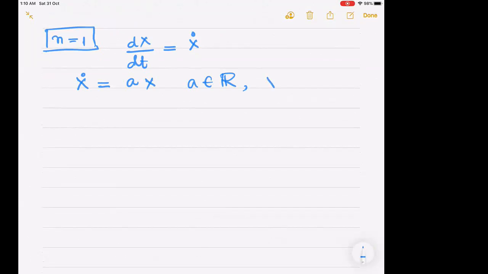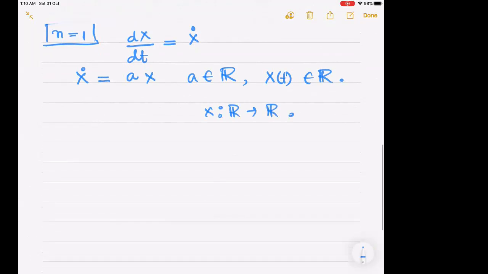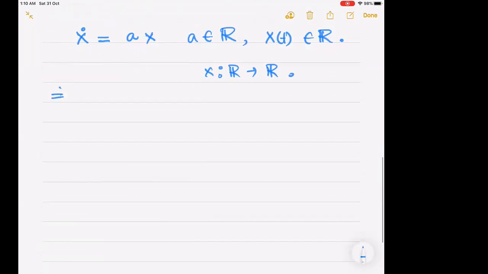And also x(t) for all time is just a real number. So this is just a real function. So x is in fact a function from R to R. And we already know how to solve this equation.